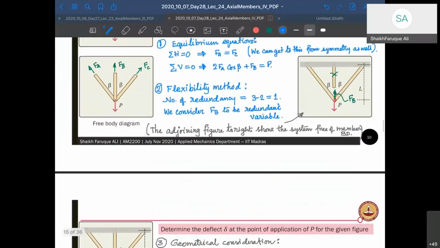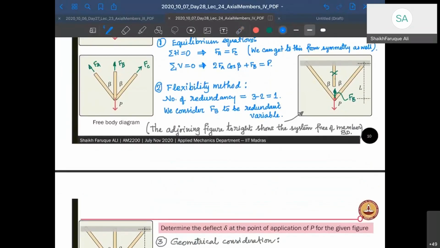Now this condition I can draw in two problems. One is like this, with FB here.